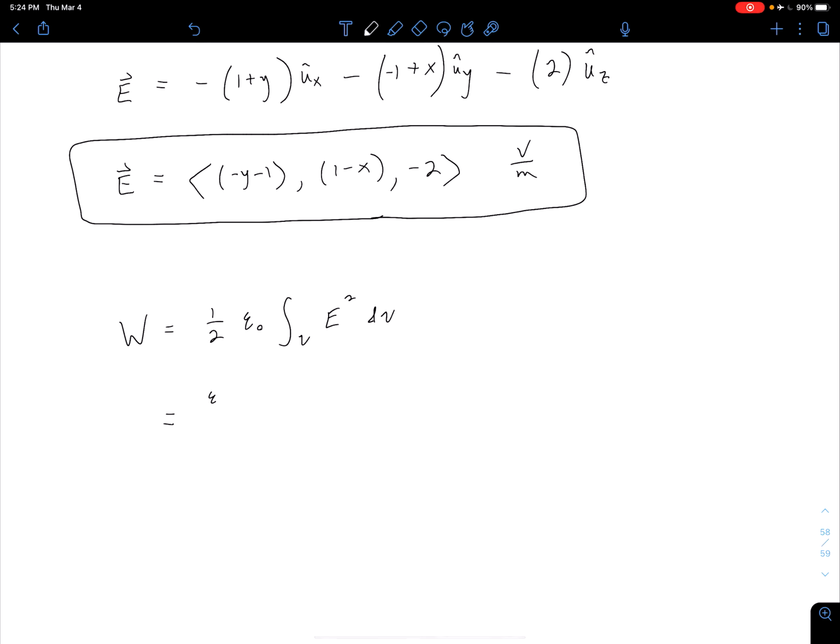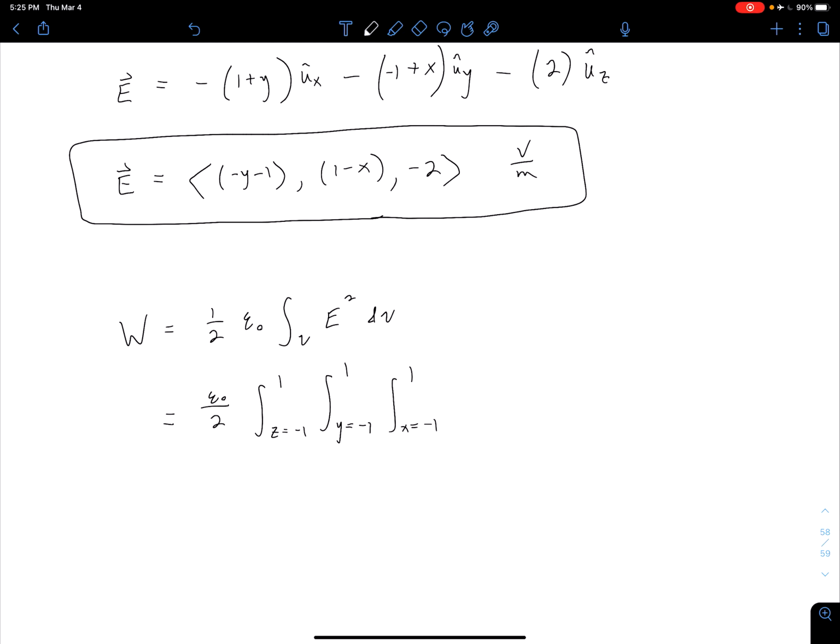So we have epsilon naught over 2, which is just going to be hanging out there for a while, and then we have our integral from z equals negative 1 to 1. Each of our variables is going to vary from negative 1 to 1 because that gives us our side length of 2 while centering it on the origin.